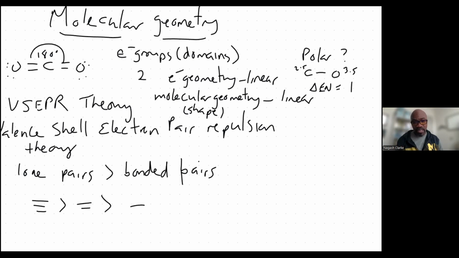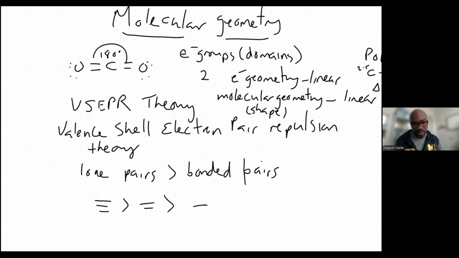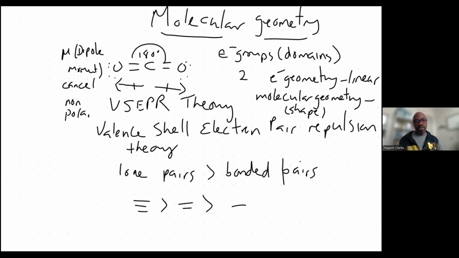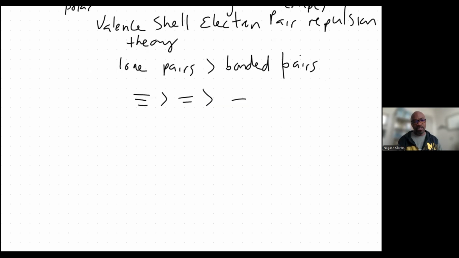But based on the shape, since we know it's a linear shape, our dipole moments are going to cancel. My mu, or my dipole moment, if we think of physics, will cancel. So this is indeed non-polar.